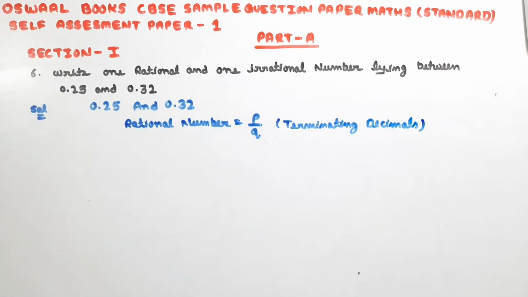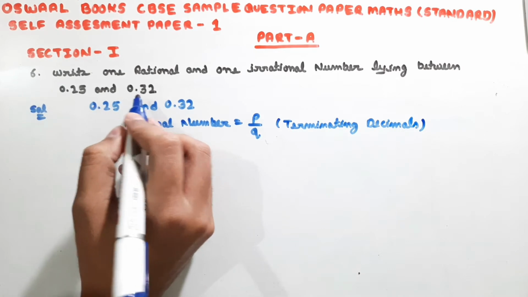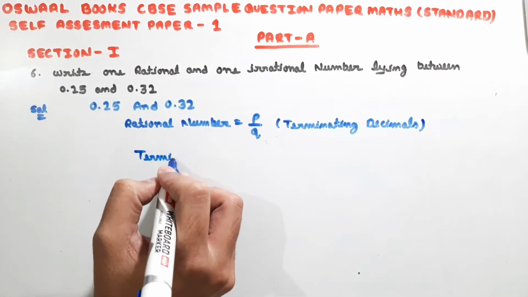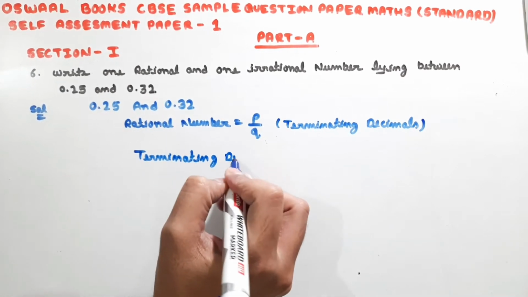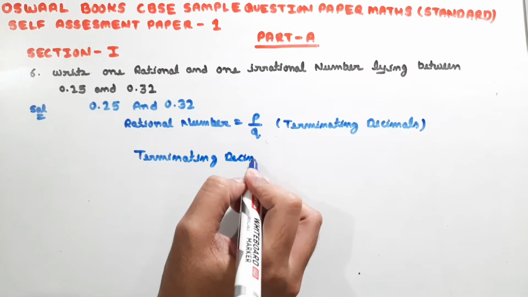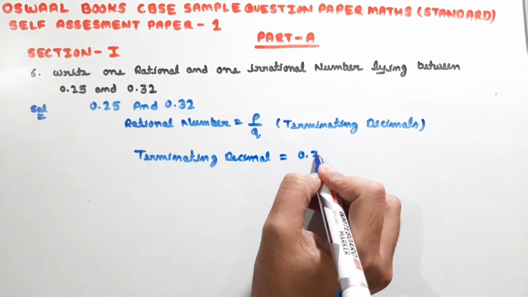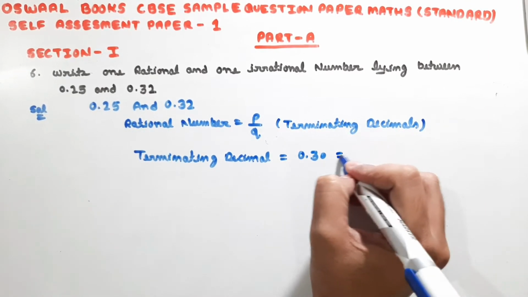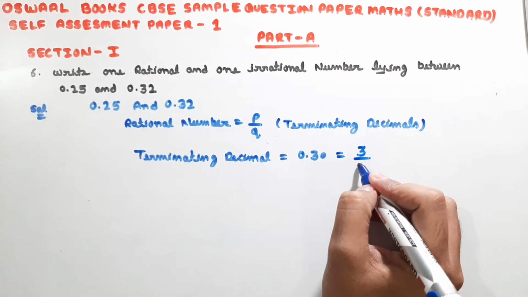So, in between 0.25 and 0.32, a terminating decimal is 0.30, that is equal to 3 upon 10.